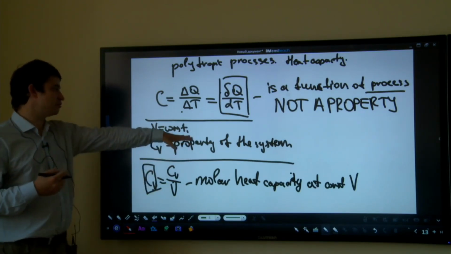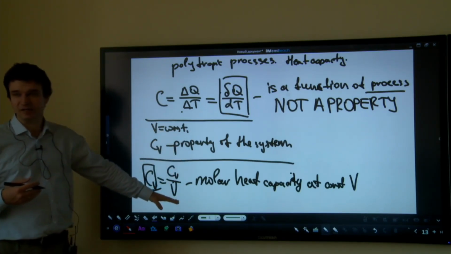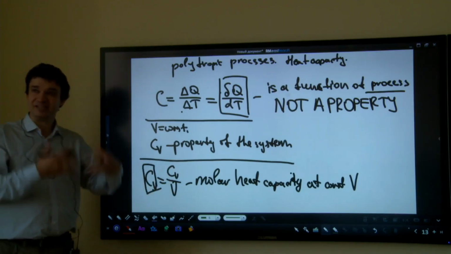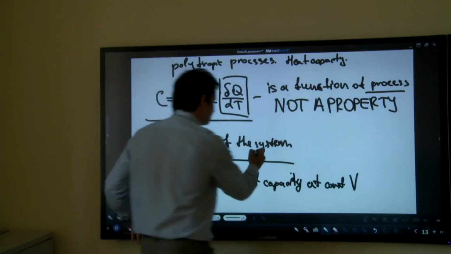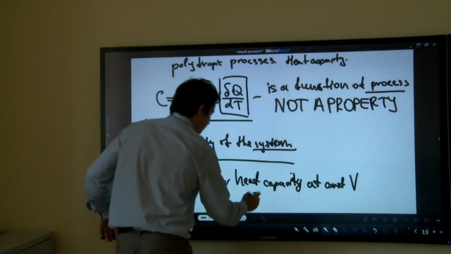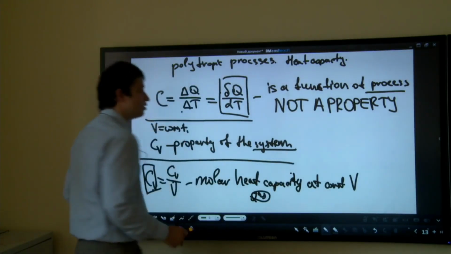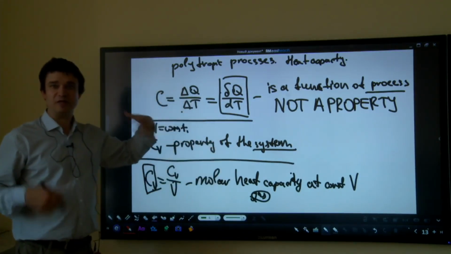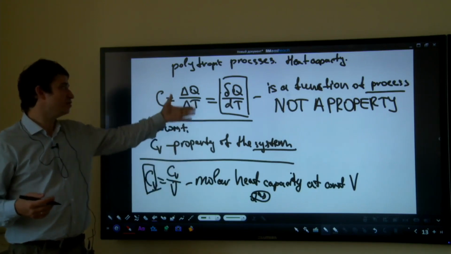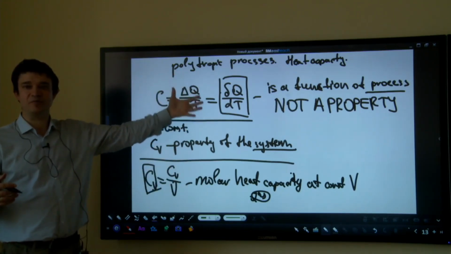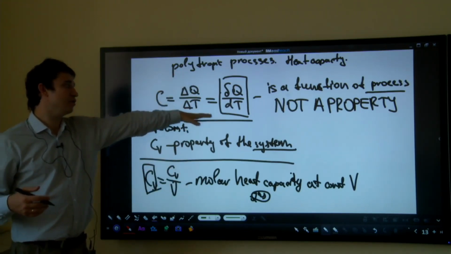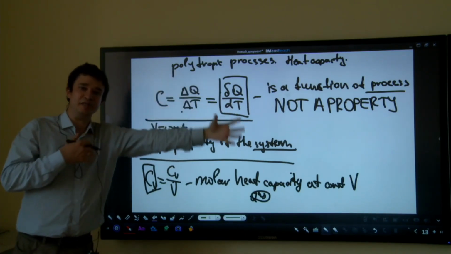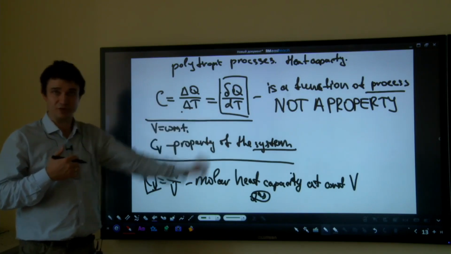So this is the property of the system. Once you divide by the amount of gas, you would get the property of the gas. So here is the system. Here goes the property of the gas. Okay. So that's the definition. So if someone asks you to find some molar heat capacity somewhere, then you understand that this is a quantity which is related to the previously introduced concepts through this equation.